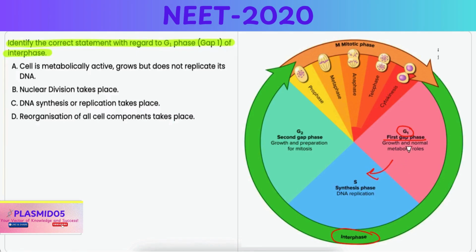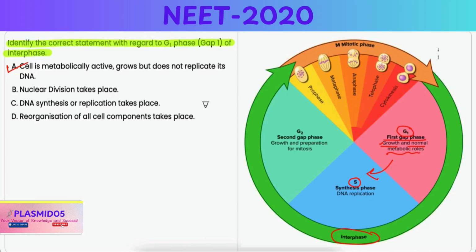So in G1 phase, the cell prepares for DNA replication but does not actually replicate its DNA. Instead, it synthesizes proteins, increases in size, and accumulates energy reserves in preparation for DNA synthesis in the subsequent S phase, that is, the cell is metabolically very active. Hence, it is the correct option.